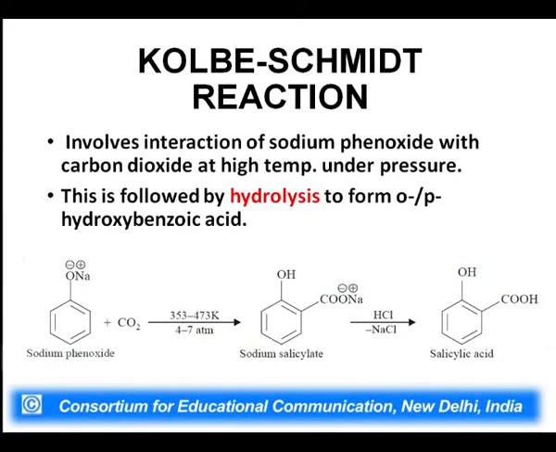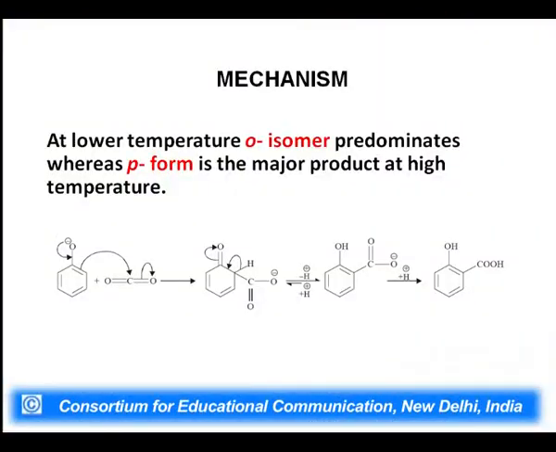On hydrolysis, this gives us salicylic acid, orthohydroxybenzoic acid, and para-hydroxybenzoic acid. At low temperature the ortho isomer predominates, whereas at high temperature the para form is formed as the major product.